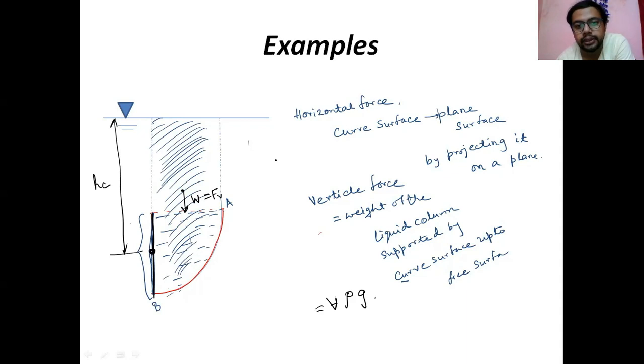So the horizontal force gives you rho g hC into the projected area. If this area was capital A, here we have written small a, and if you project this small a in this manner, we get a projected area, aP. This way we find the horizontal force and the vertical force.